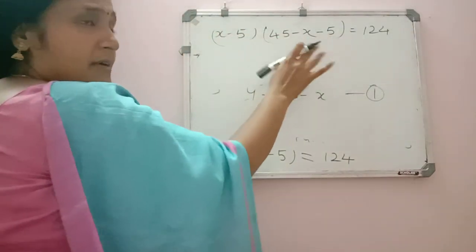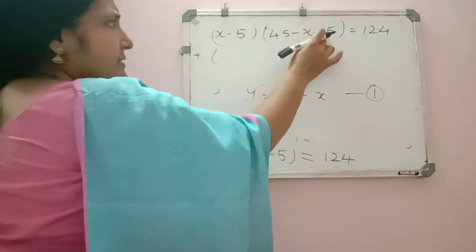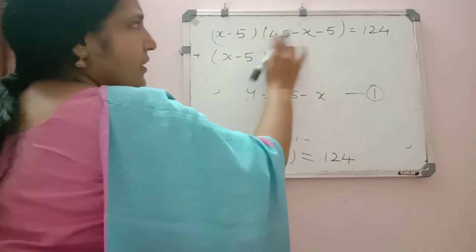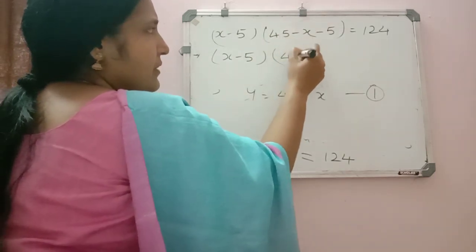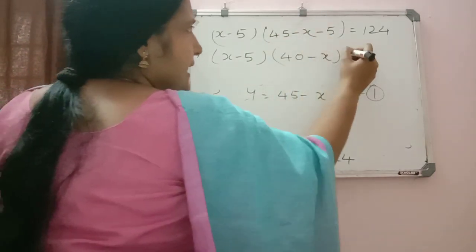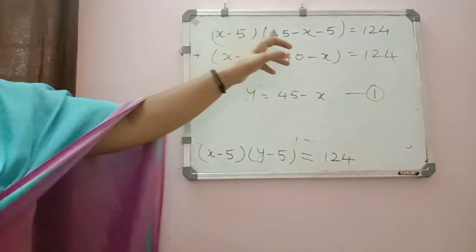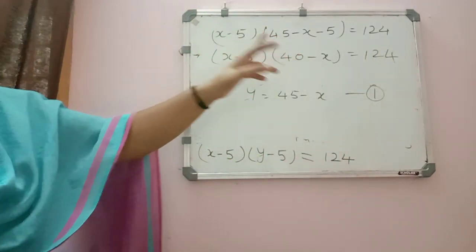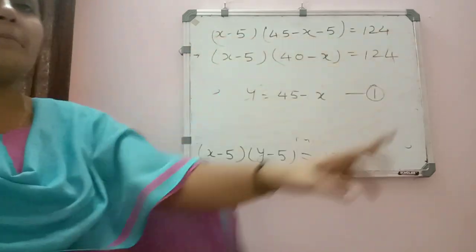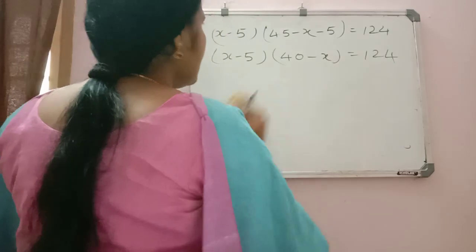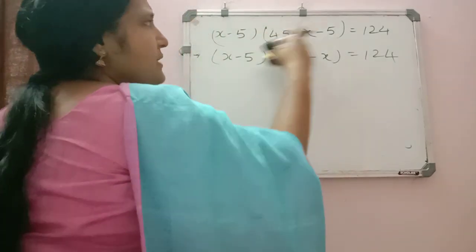At present don't do the multiplication, we can simplify these two. 45 minus 5 will be 40, so X minus 5 into 40 minus X is equal to 124. If you want, you can do the multiplication earlier too, but it increases the number of terms. Just to make the calculation easy, I told you to do the subtraction.